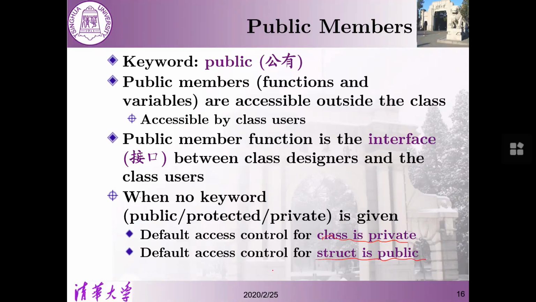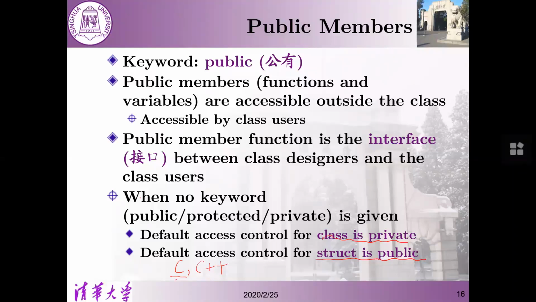But this struct, actually, we learned the history of the C language. We have the C programming language, and then we have CPP. So in C programming language, there's already struct.